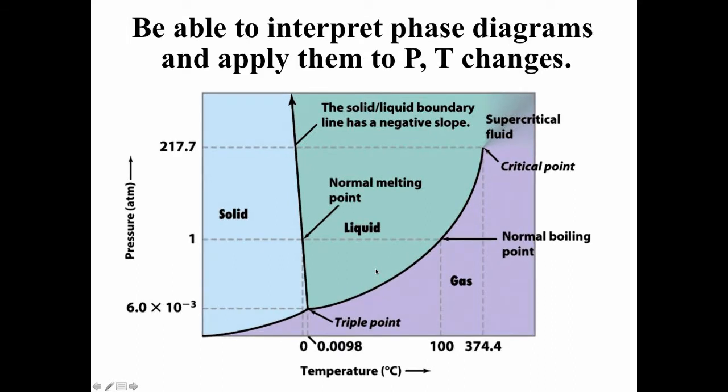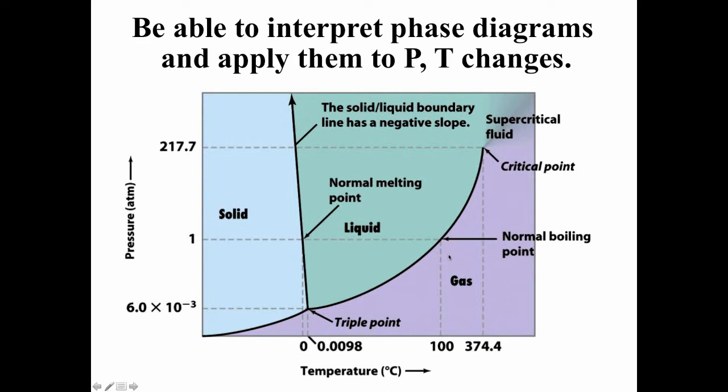So what you should be able to do ultimately is, given a phase diagram, apply and interpret it to determine states and changes of state. And we'll do a couple of examples of what is meant by this. And we'll also go through a little bit of what these various other things listed on the graph are, like the triple point and the critical point.